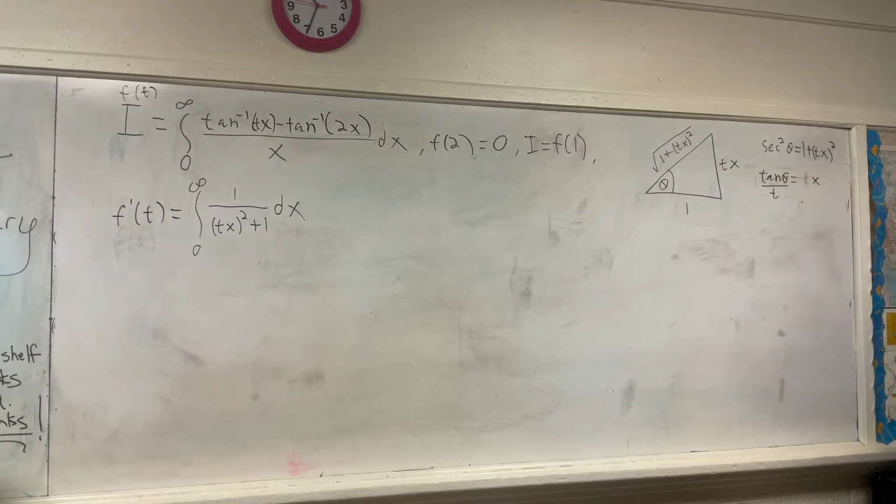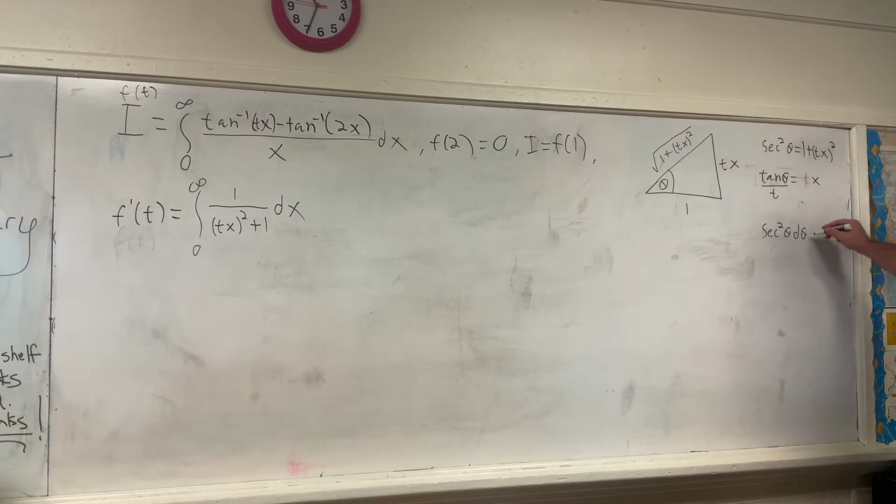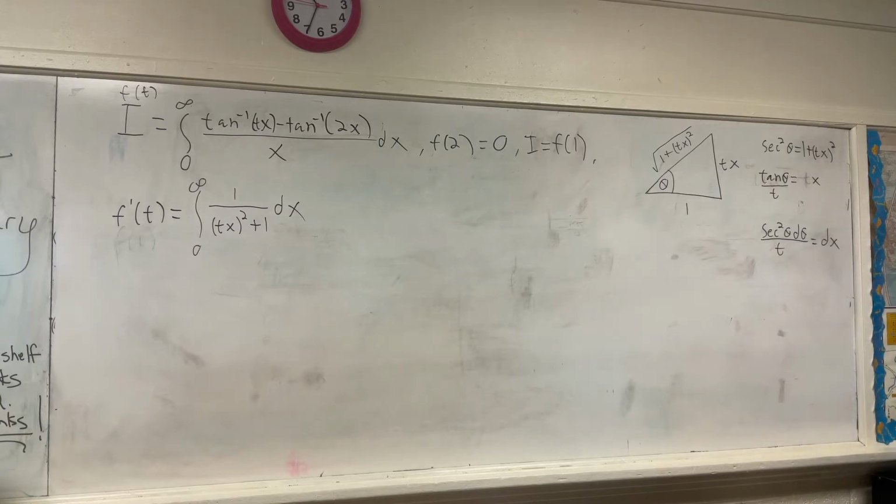So now we have tangent theta over t is equal to x, meaning secant squared theta d theta all over t is equal to dx. Okay, so now I believe we have enough to rewrite that integral in terms of theta.